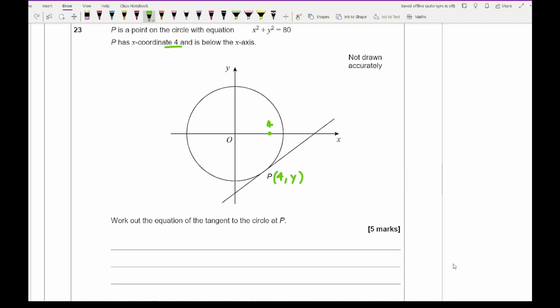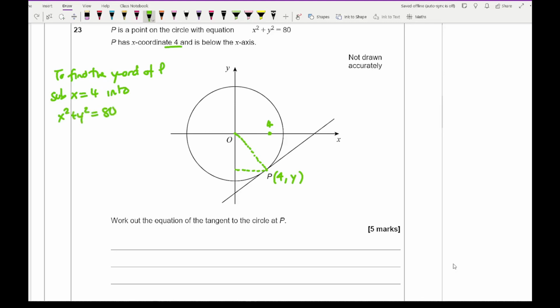Now, what I need to do is first of all work out what the gradient of OP is going to be. We know that the base of that triangle is 4. So to find the y-ordinate of P, what we need to do is sub x equals 4 into the equation of the circle, which is x squared plus y squared equals 80.